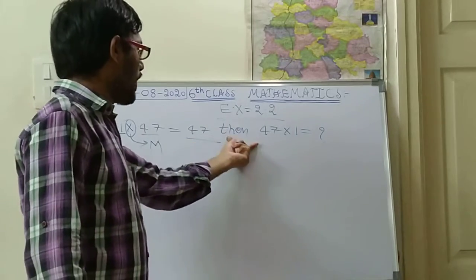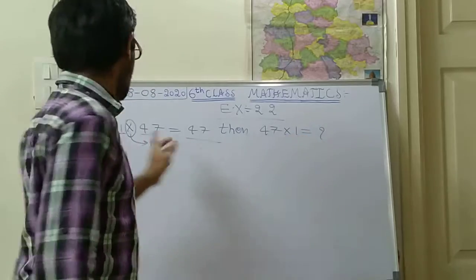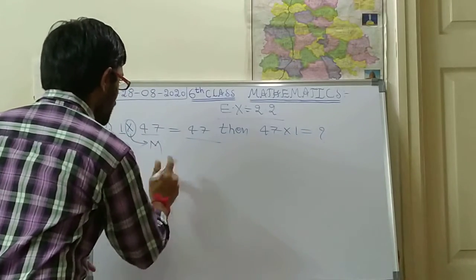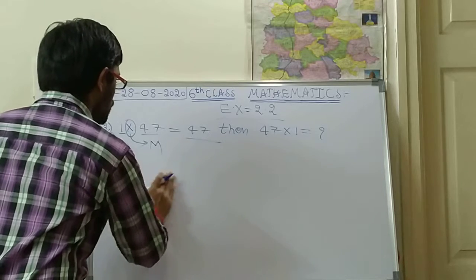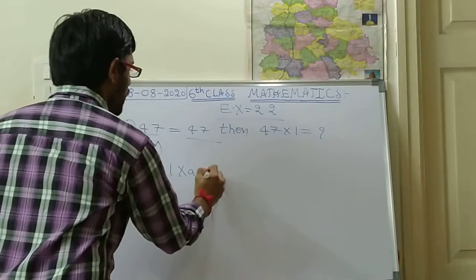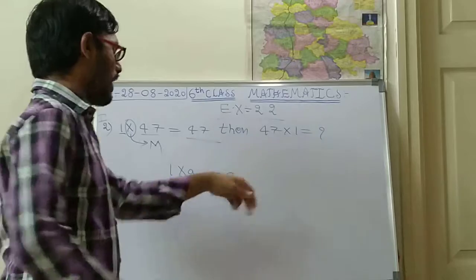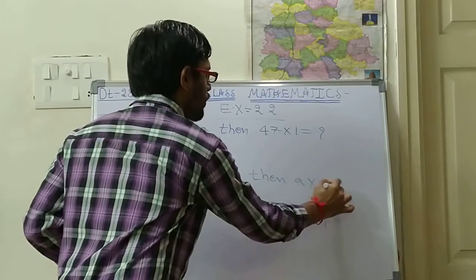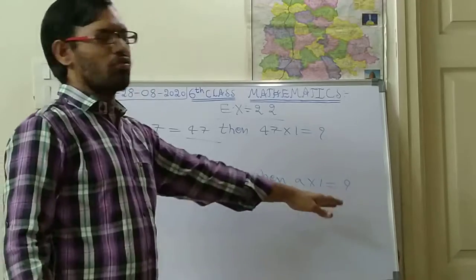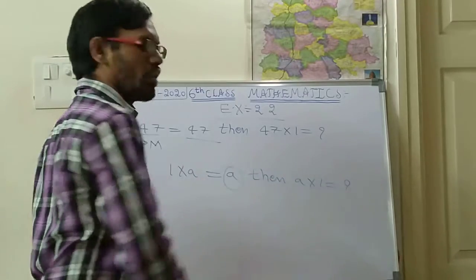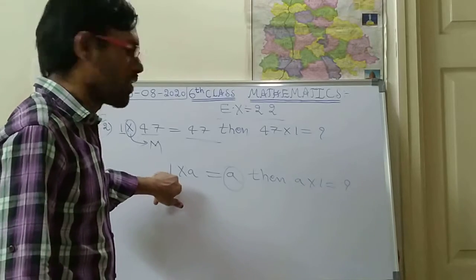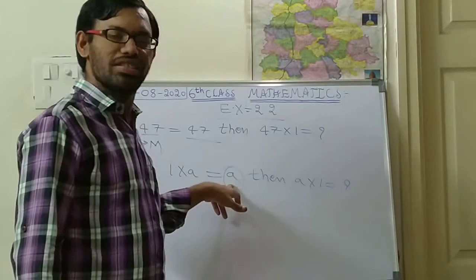Here 1 into 47 is, say, 1 into a equals a. Then he asks a into 1 is how much. a into 1 is also the same a, because whatever whole number you multiply with 1, the result will be the same whole number.